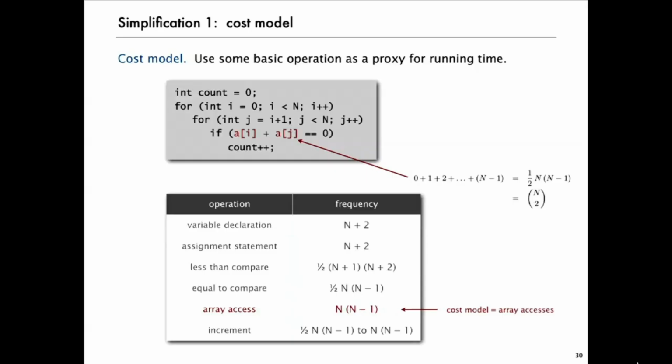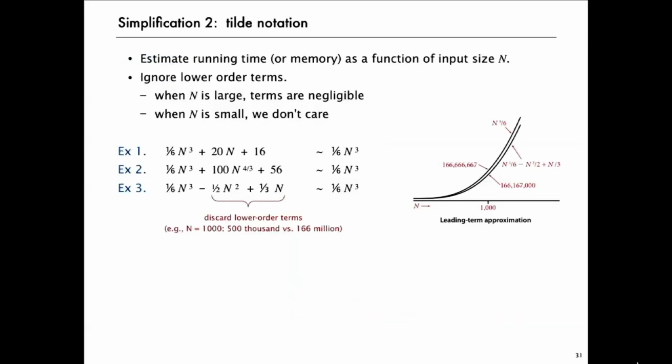So in this case, we're going to pick array accesses. So that's the first simplification. And the second simplification is that we're going to ignore low-order terms in the formulas that we derive. And there's an easy way to do that. It's called the tilde notation. The idea is when n is large in a formula like this, the n cubed term is much, much higher than the n term, or 16. In fact, so much so that we would hardly notice these low order terms.